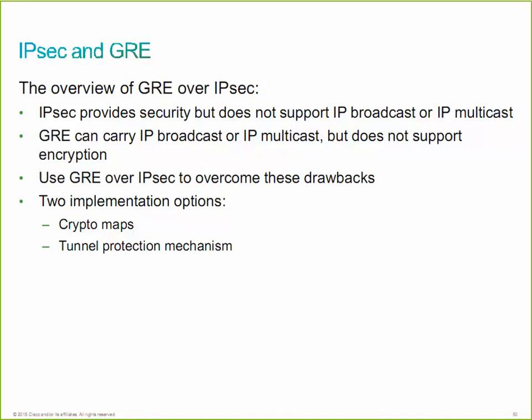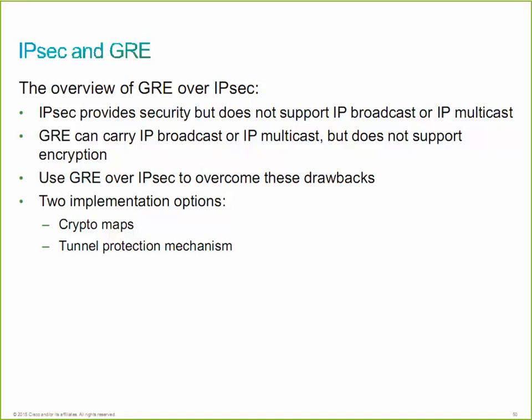The packet gets encapsulated with GRE. That encapsulated packet is then forwarded based on the routing table to the appropriate interface, and then the encapsulation occurs. The encapsulated packet is encrypted using the crypto map configuration on the crypto map interface.